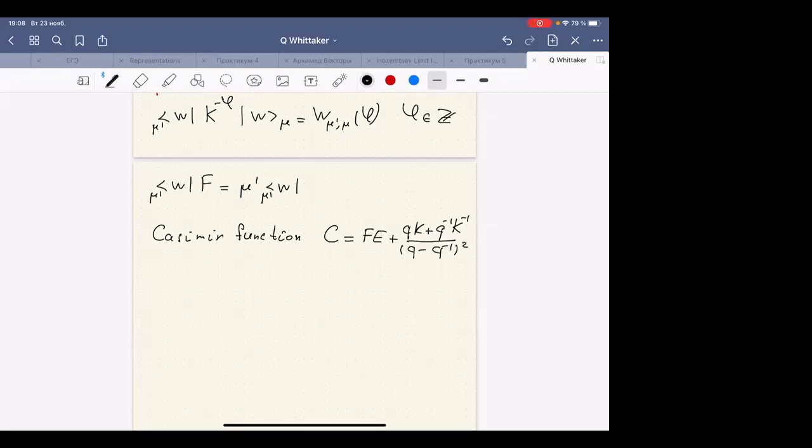So it is a quite simple task to prove that C commutes with everyone. As in an irreducible representation, it is again a scalar function.